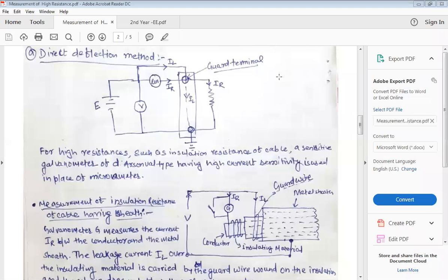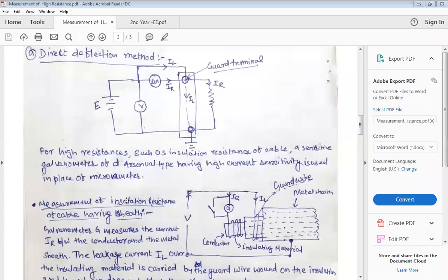So most of the time we use a voltage range from 500 to 1000 volt and a microammeter, or you can use a galvanometer, because a galvanometer is a highly sensitive ammeter that can detect even a very small change in current.